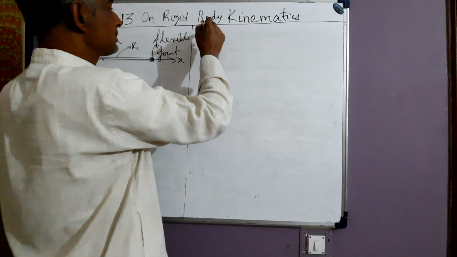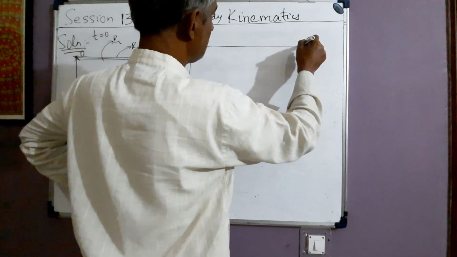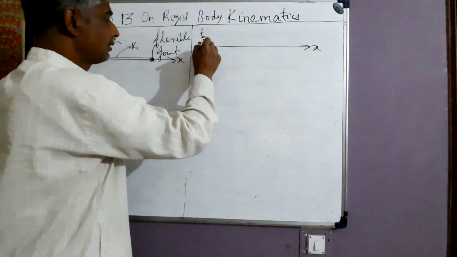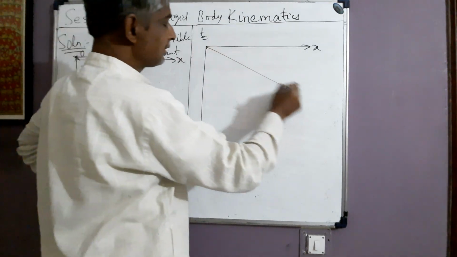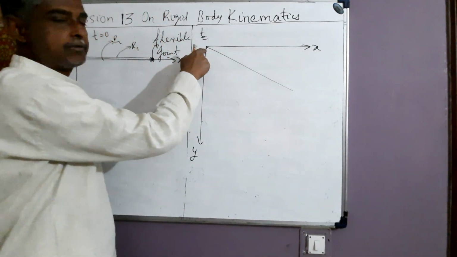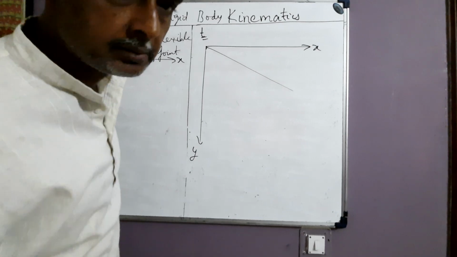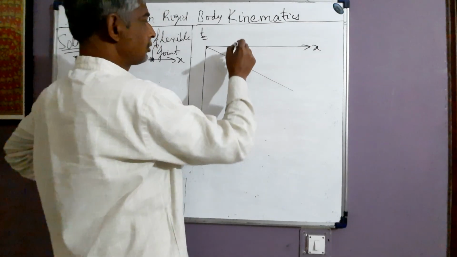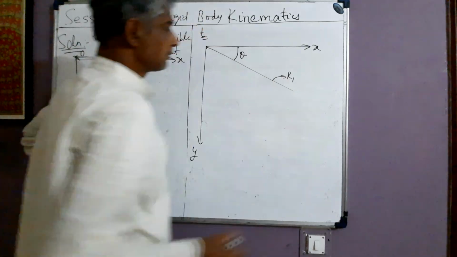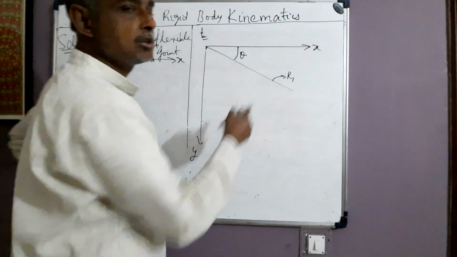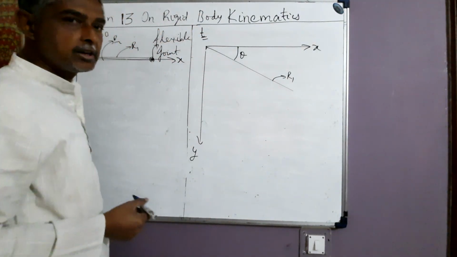The situation at time t is this. Again, I draw the coordinate system. At some time t, rod R1 has come to like this because its left end is fixed at the origin flexibly. So rod R1 has turned through an angle theta. The length of each rod is 2L.